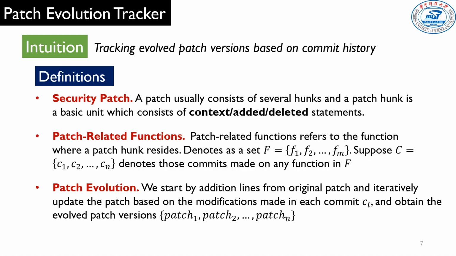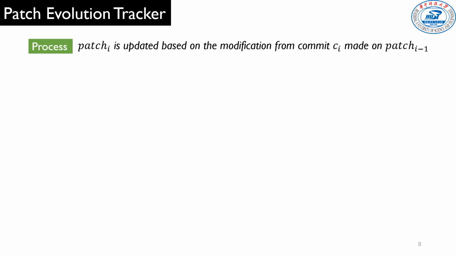For patch evolution, we start with the original patch and iteratively update it based on the changes made in each commit chronologically. This process allows us to capture the evolved versions of the patch over time. Patch evolution involves updating patch i based on modifications from a commit made on patch i-1.